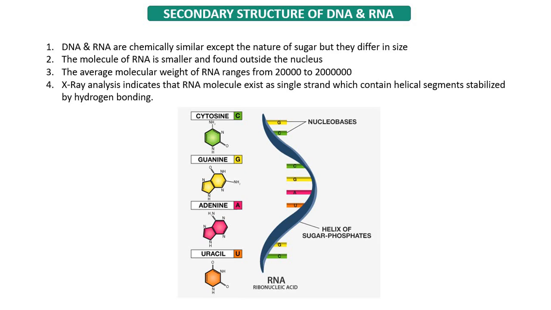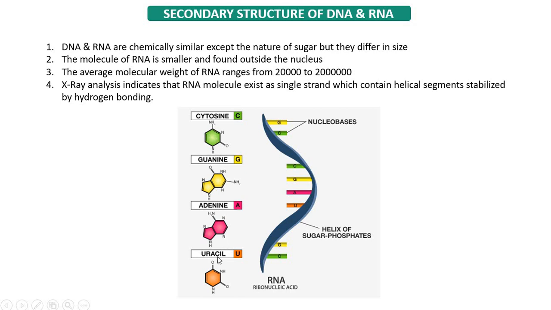Here is the pictorial representation by which we can explain the secondary structure of RNA. You can see here that this is a single strand of RNA. This G and C are the nucleobases. Here also C, G, A, U. These are the bases. This part is a helix, and this is a sugar phosphate angle which is developed here. And these are the bases which are present in RNA: cytosine, guanine, adenine, and uracil.